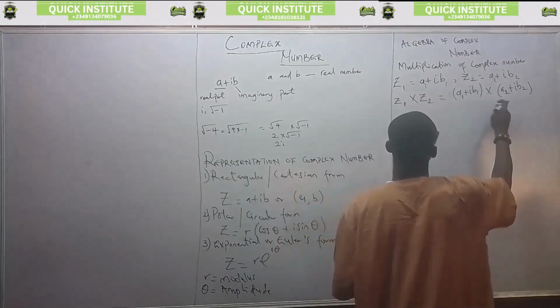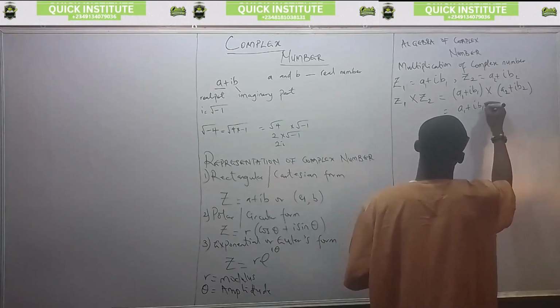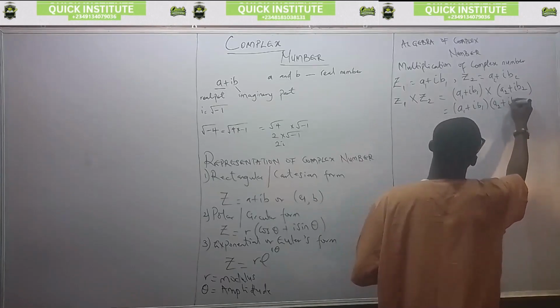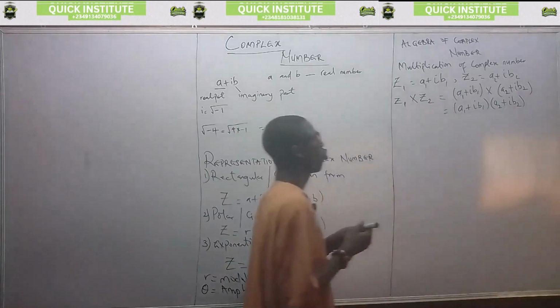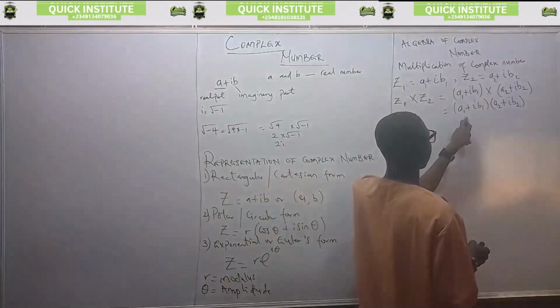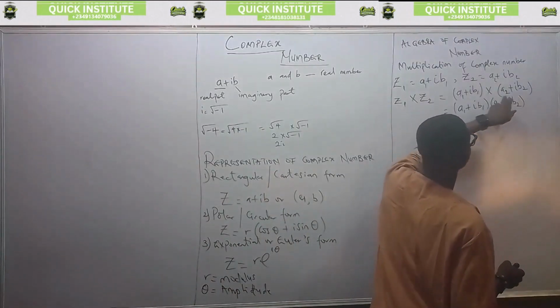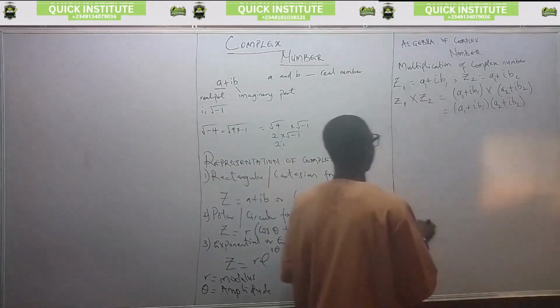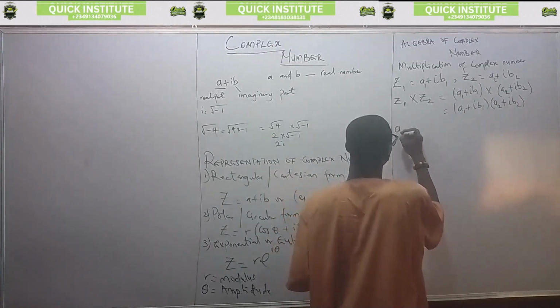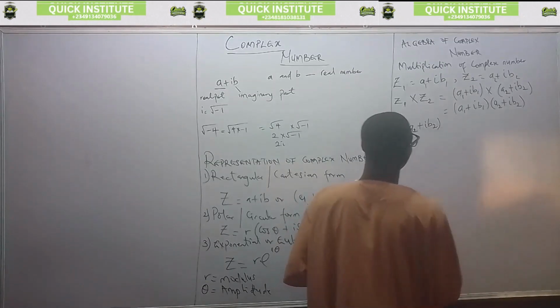To expand this, we take the real part and multiply it by all the expression in the second bracket. So we have a1 multiplied by a2 plus ib2.